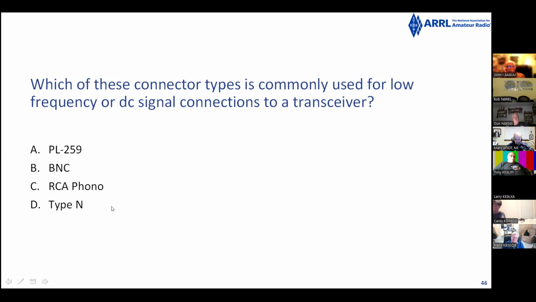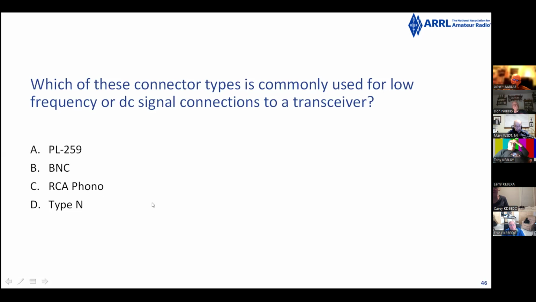Yeah, it's probably an RCA. Yeah, I think so. Phono, that's your old audio equipment that you used to plug into your TV, they were all RCAs, and that's pretty low frequency. The colonel's right. It is RCA Phono. And that stands for Radio Corporation of America.